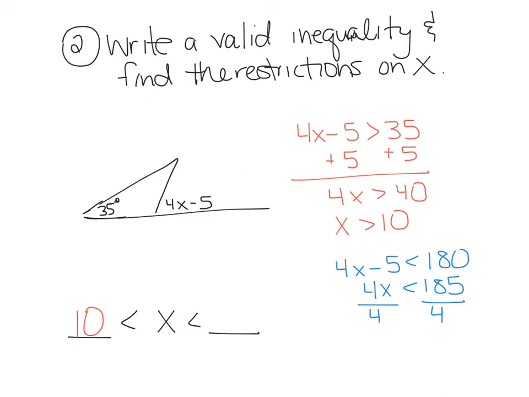And just try to make sense of that. That angle that is adjacent to 4x minus 5 has to be greater than 0, or else it is not a triangle. It could be very small, but it has to be greater than 0, which is why 4x minus 5 must be less than 180.